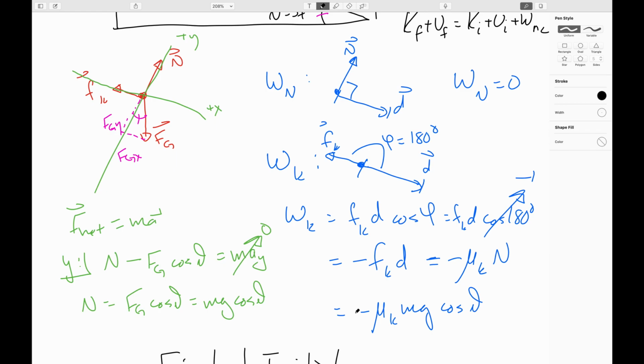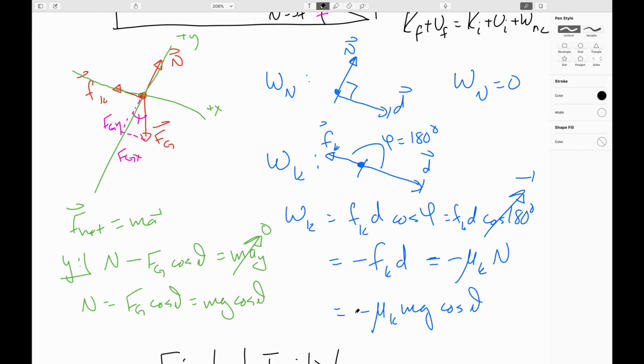You're probably going to have to do Newton's second law or something. You're going to have to expend more effort to figure out a suitable expression.